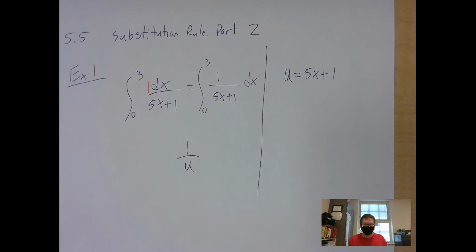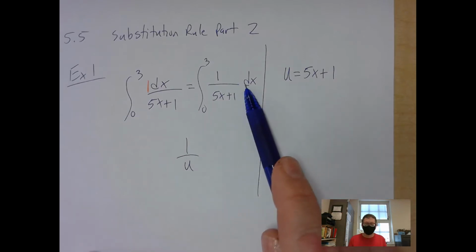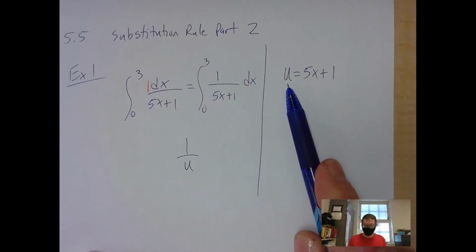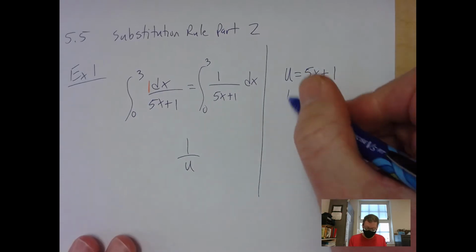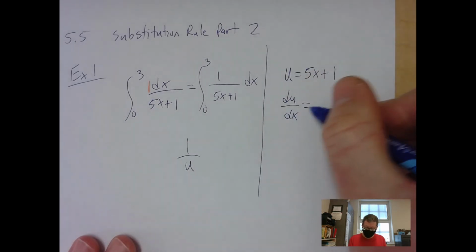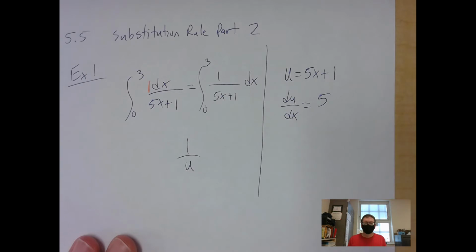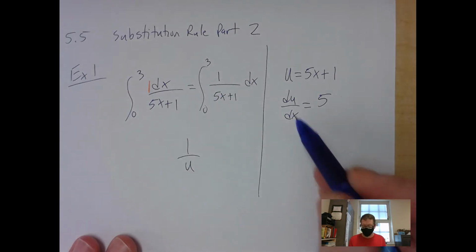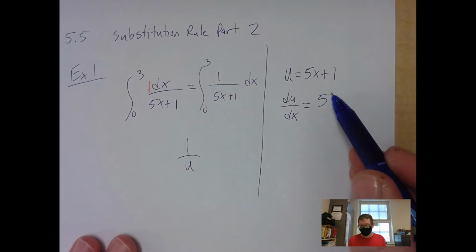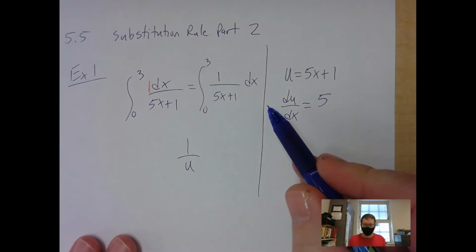Okay, so now we have to substitute in for the dx. And how do we do that? Take the derivative over here. So du dx is equal to 5. Then we got to use the double switch here to get dx by itself. So I'm going to multiply the dx over, and I'm going to divide the 5 back over.